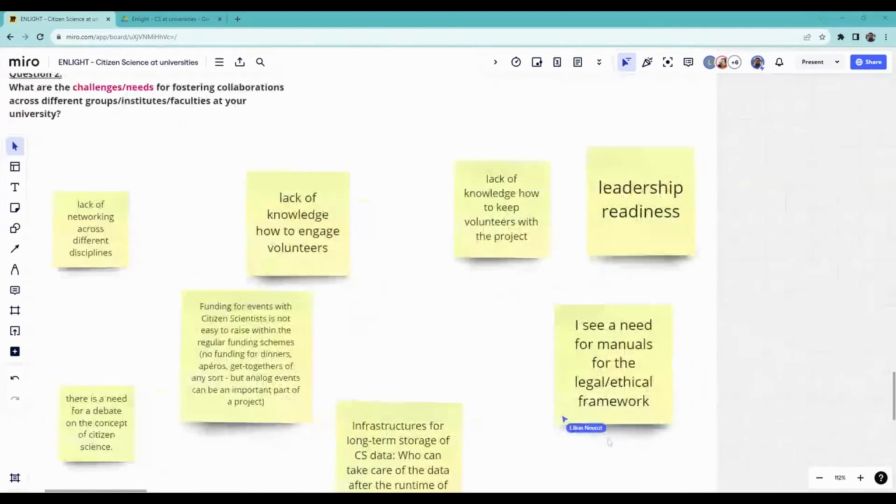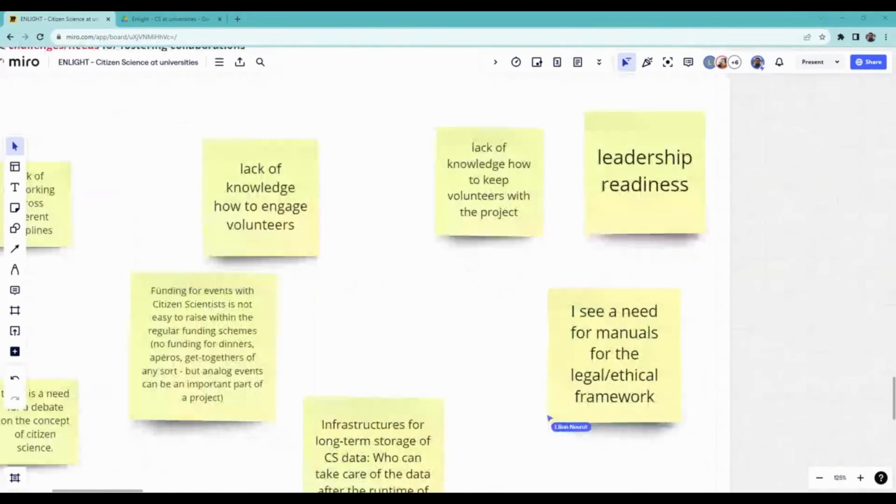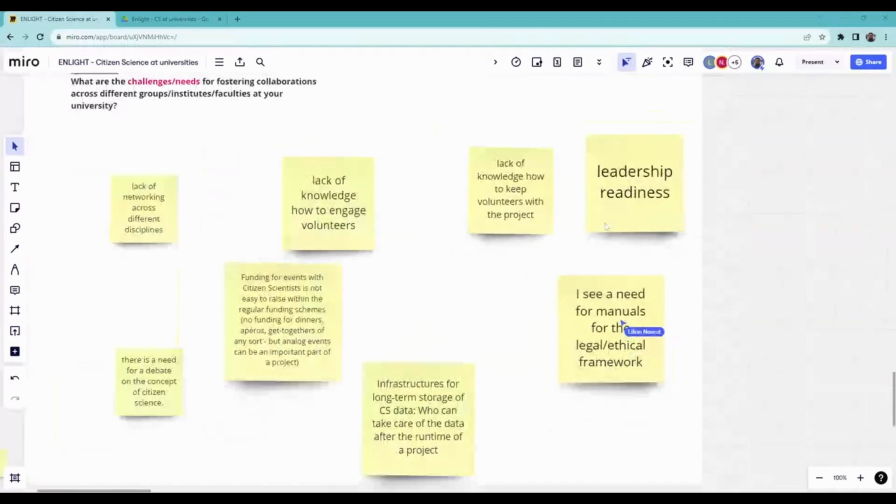There was a nice discussion around the need for legal frameworks, for example on ethical issues, who owns the data, where to store the data, and what the permissions for use of the data in a citizen science project are. So those high-level guidelines are perhaps missing.